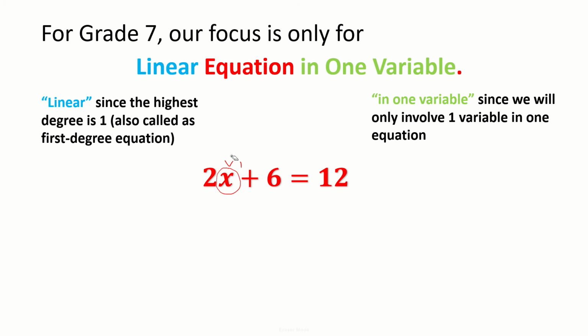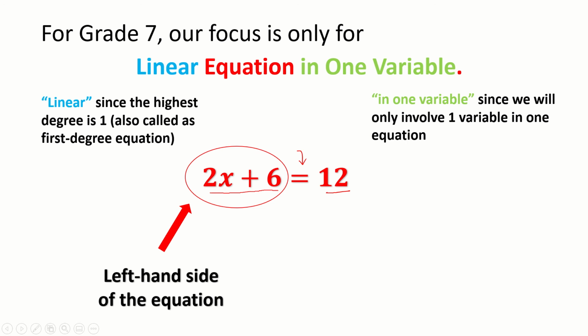Now, what are the different parts of an equation? As I mentioned a while ago, the left side is an expression, the right side is also an expression, and we're saying that they're equal. The one on the left part of our equation, the first expression, the 2x plus 6, is called the left-hand side of the equation.